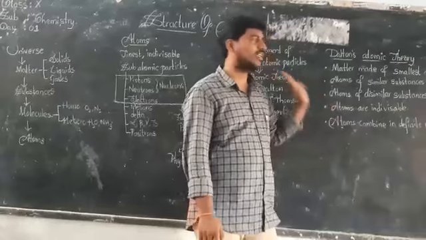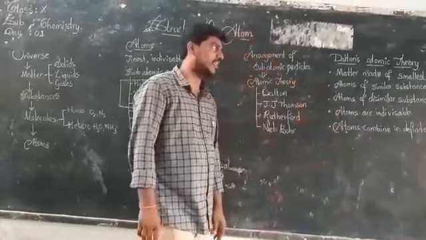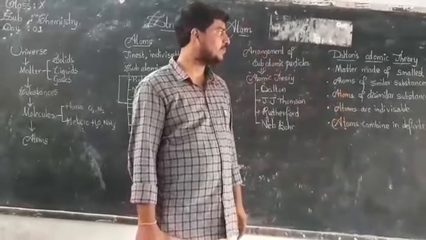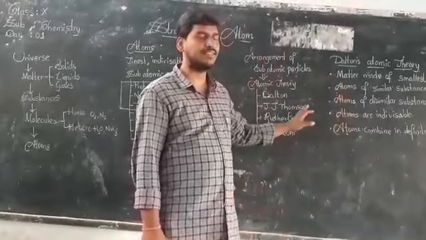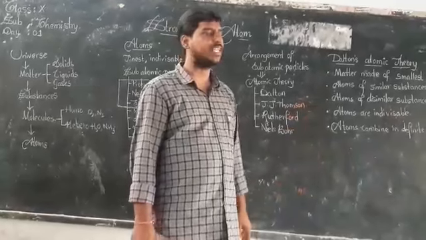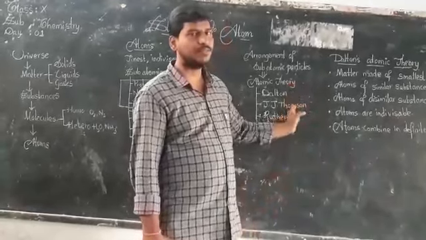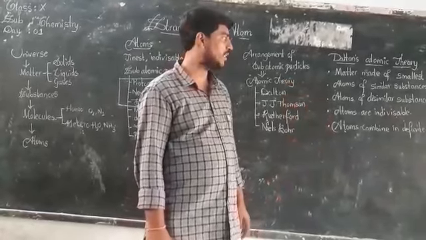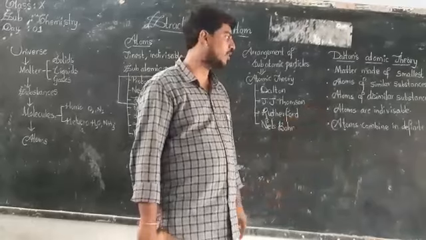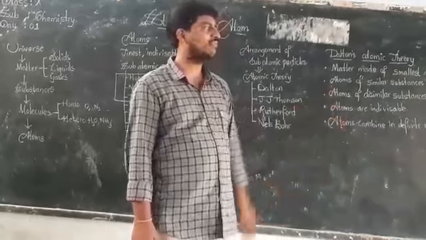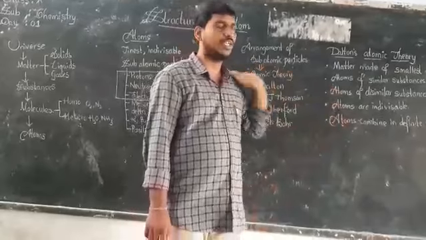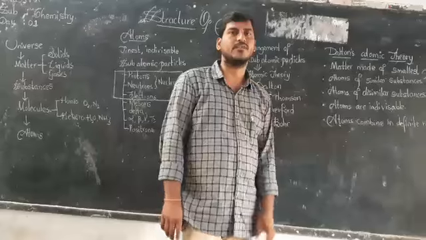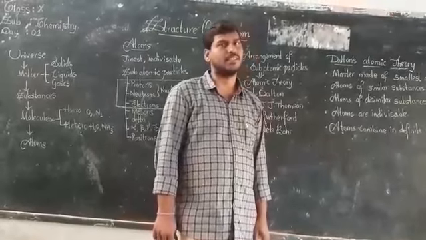So this is what Dalton's atomic theory is, right? Matter is made up of the smallest particles called atoms. Atoms of similar substances are similar in physical and chemical properties, and atoms of different substances are different. Atoms are indivisible, and atoms combine in definite ratios to form molecules. This is what Dalton explained in the form of Dalton's atomic theory.